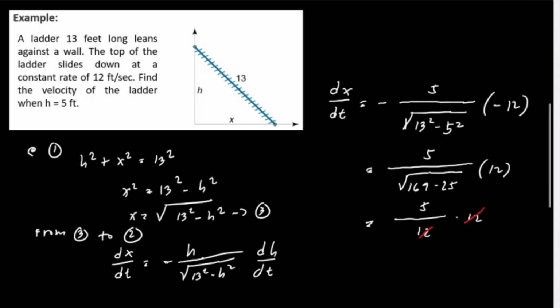The value of dx over dt is equal to 5, and the unit is feet per second. So this is the velocity of the ladder when h is equal to 5 feet.